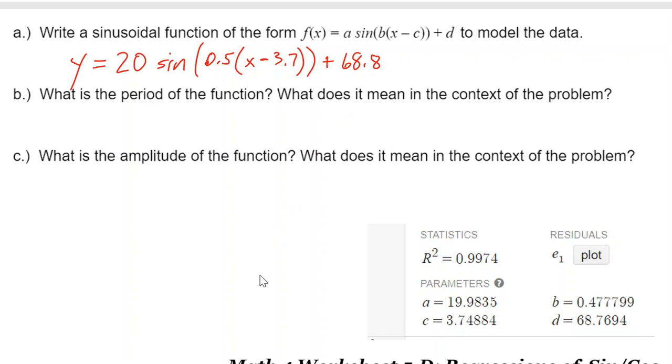All right, so what is the period of the function? Well, for the period we're going to have to take that number 0.477799 and say that equals 2 pi.